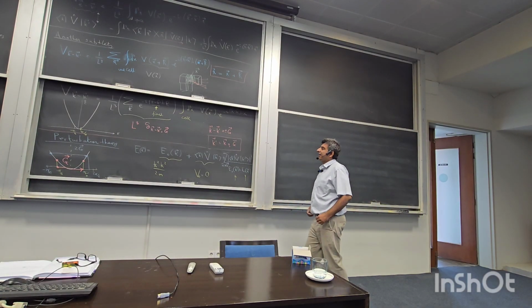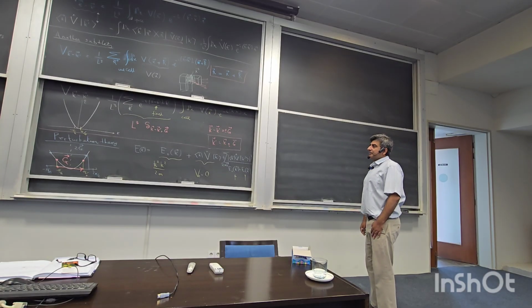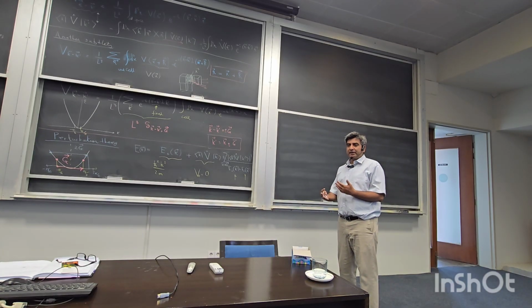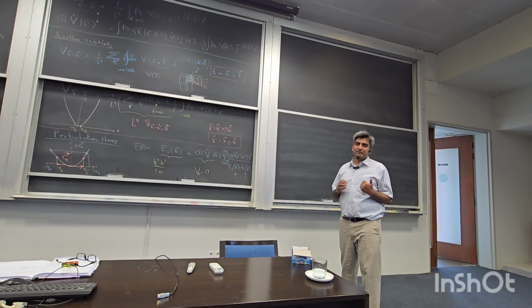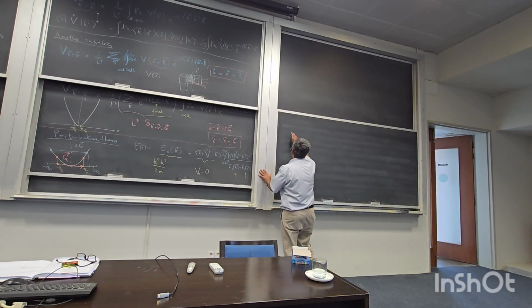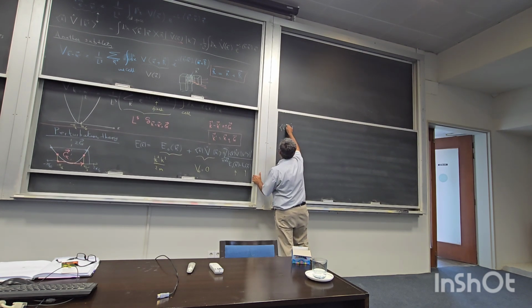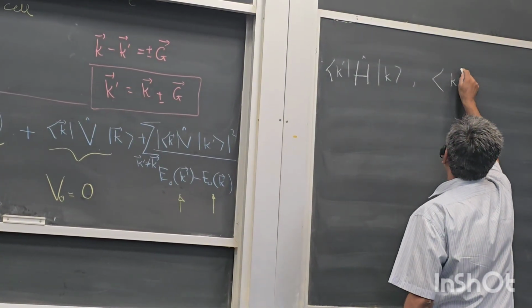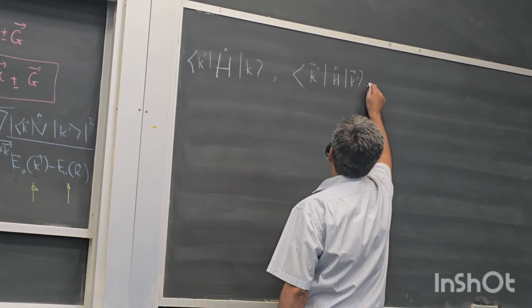Alright, so what we could do is express the Hamiltonian in a basis defined by the eigenstates of the unperturbed Hamiltonian, which means that we can write down terms of this kind: k prime, H, k, and so on.